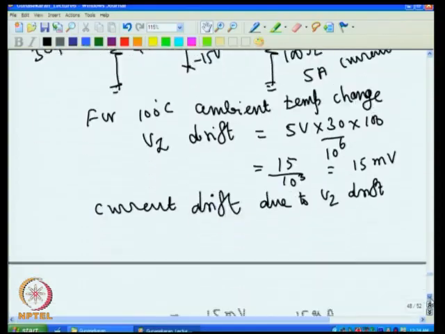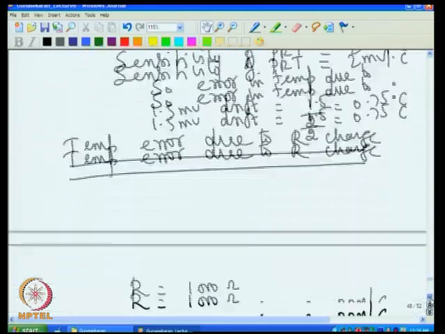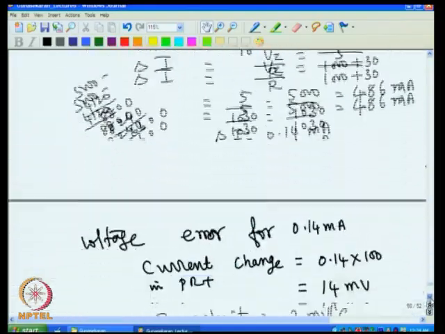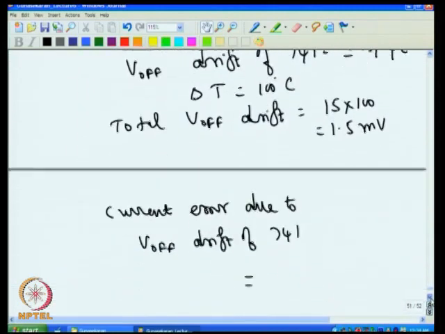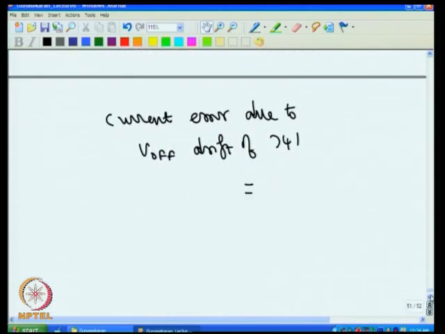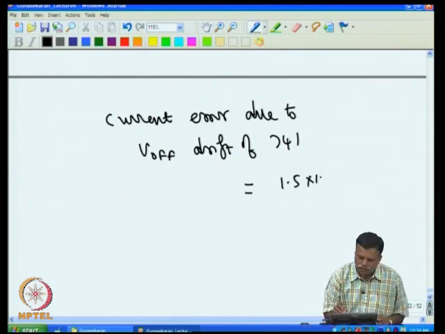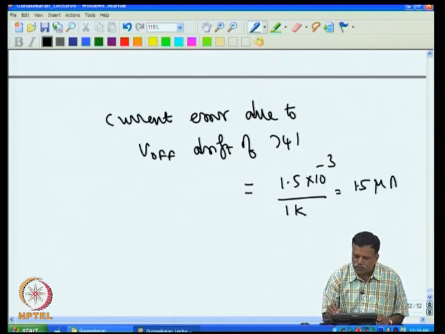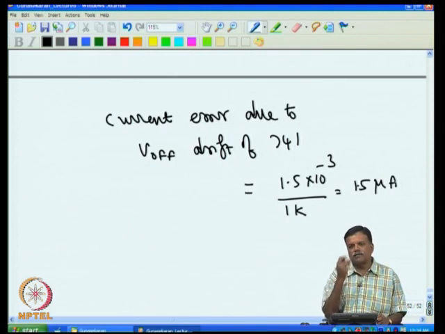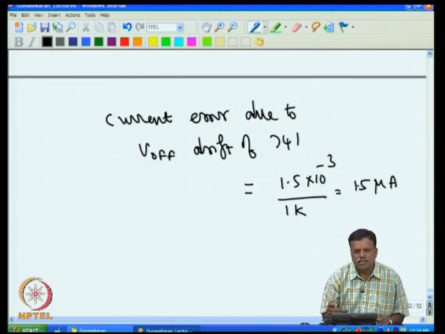So the current error due to the offset voltage drift will be equal to 1.5 millivolt divided by 1K, that is 1.5 microampere current. So this 1.5 microampere current will change through the platinum resistance thermometer.